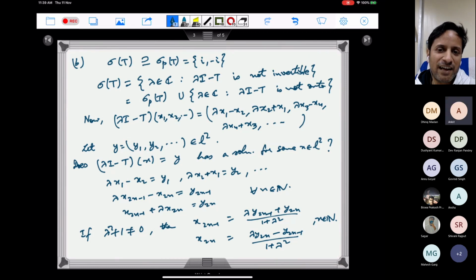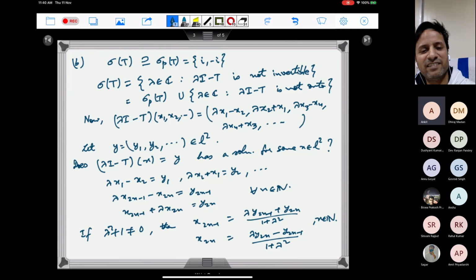And lambda I minus T not one-one means it is in sigma pt. So it is in sigma pt or in this. I'm not saying this is a disjoint union. These can have an intersection. Okay, sir.